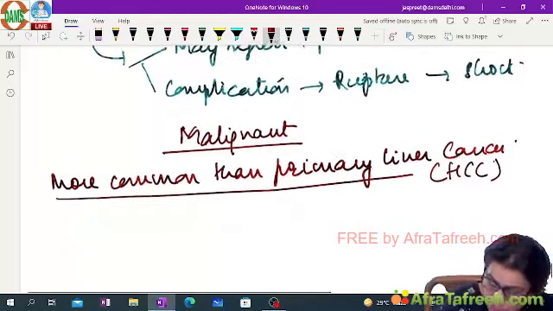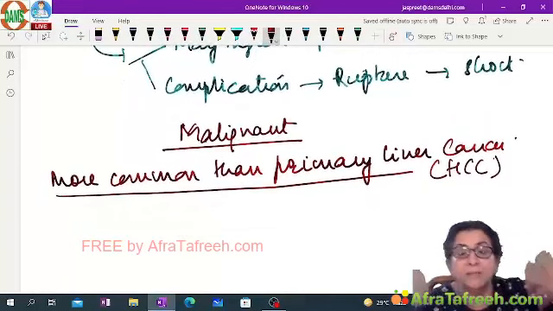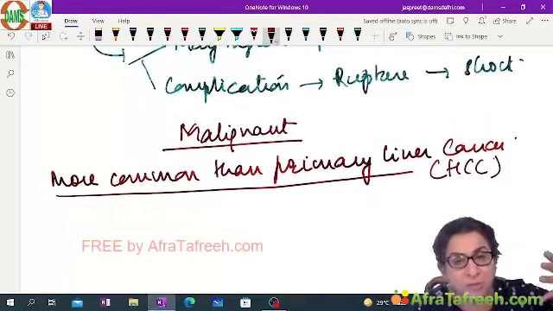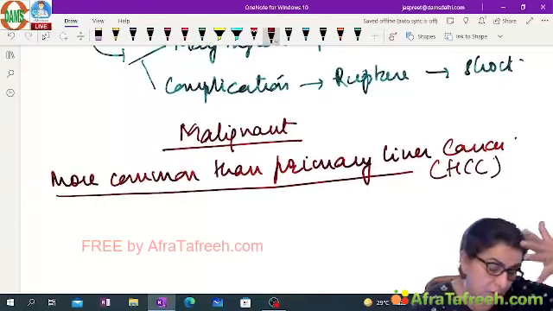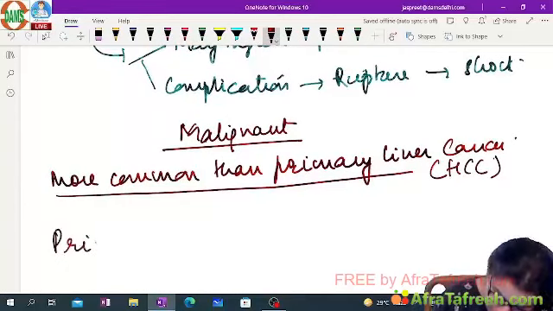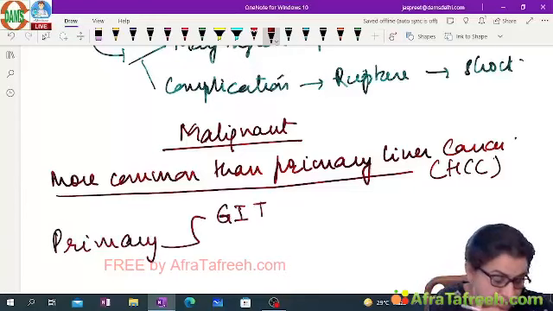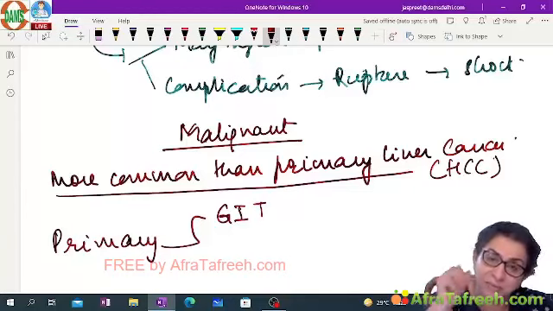And from where do metastases come to the liver? Where is the primary tumor? The primary tumor is usually in the GI tract, breast or lung. For example, colonic cancer can produce metastasis in the liver. Pancreatic cancer can produce metastasis in the liver or other sites also.